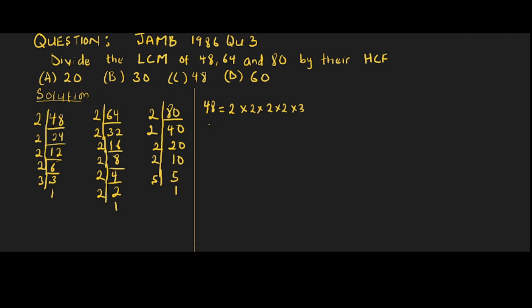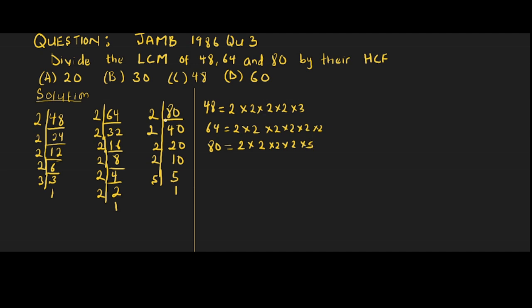Then we have 64 to be 2 times 2 times 2 times 2 times 2, 6 times 2. Then we have 80 to be 2 times 2 times 2 times 2 times 5.